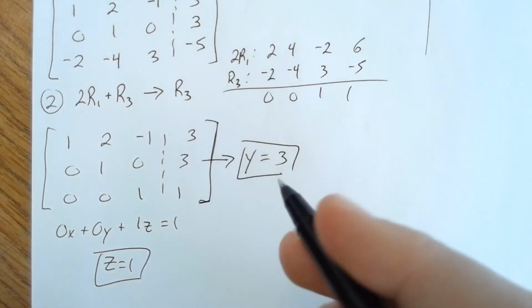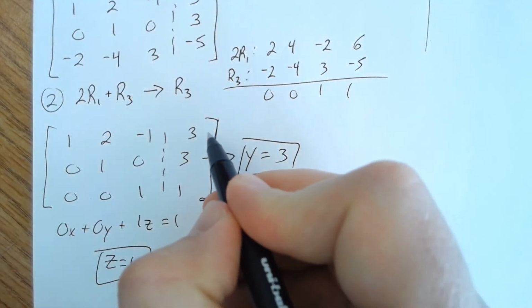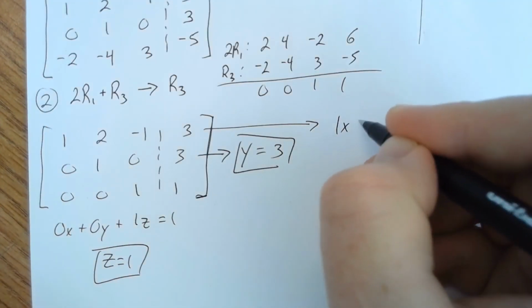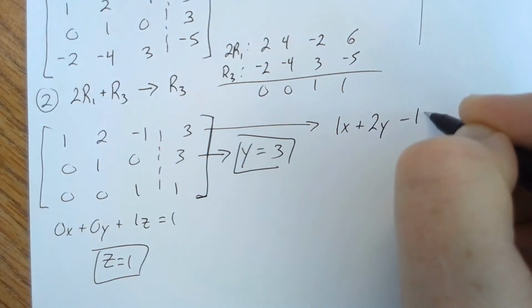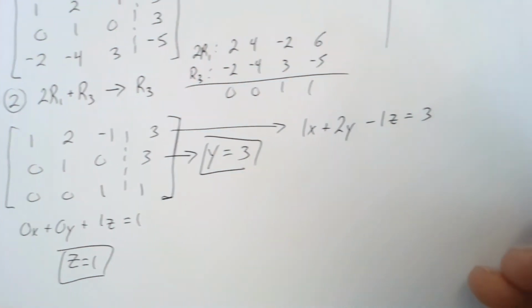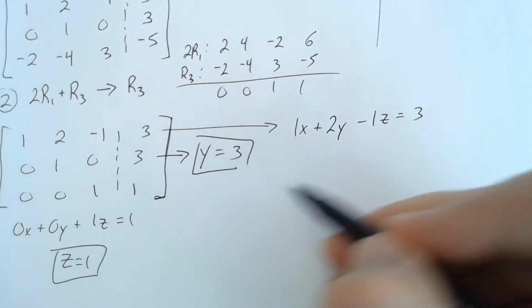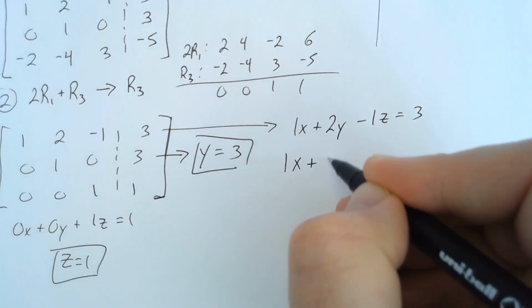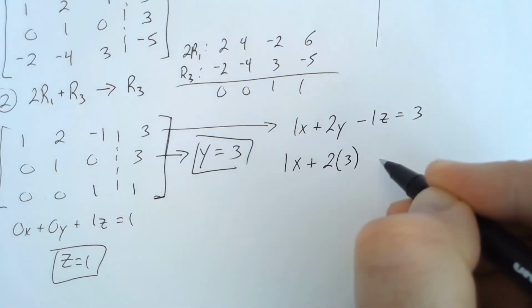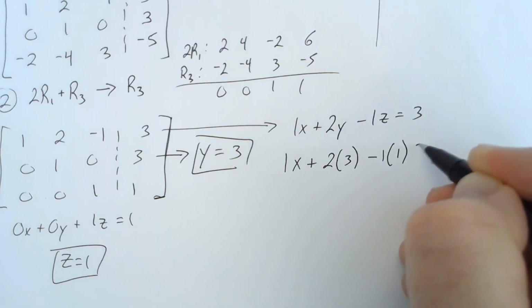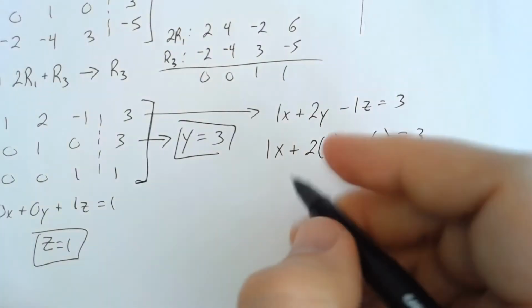But what I'm going to do instead is I'm just going to get lazy with this. I know that the top equation is 1x plus 2y minus 1z equals 3. I know what z is, I know what y is, and we plug both those values in. I have 1x plus 2 times my y value, which is 3, minus 1 times my z value, which is 1, equals 3, and therefore I can get x.